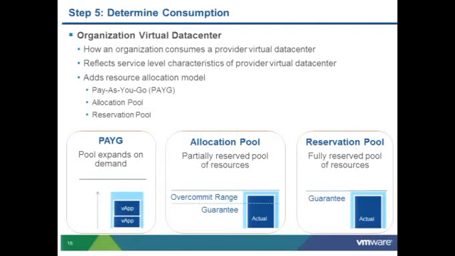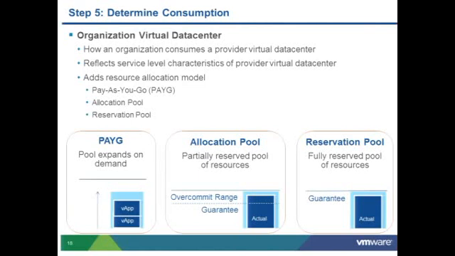So in the graphic here, you see the actual and the guarantee. You always get that amount. We pay for that amount. And this should typically come with a premium because you're paying for a lot of resources even if you don't use all of them. You want to charge a little higher for this because you don't want to encourage everybody to want to have reservation pools. Otherwise, it can get really expensive.